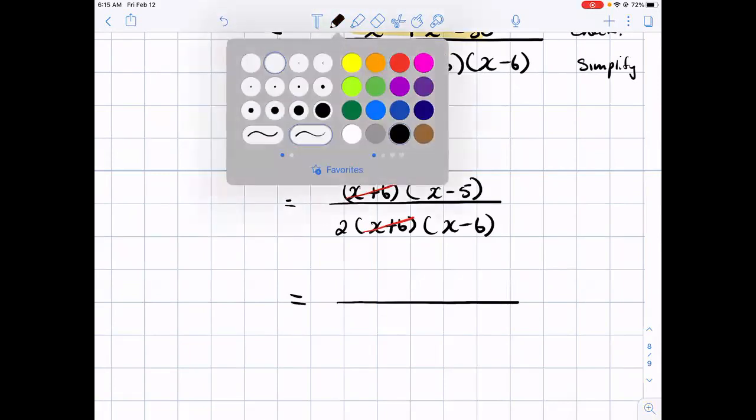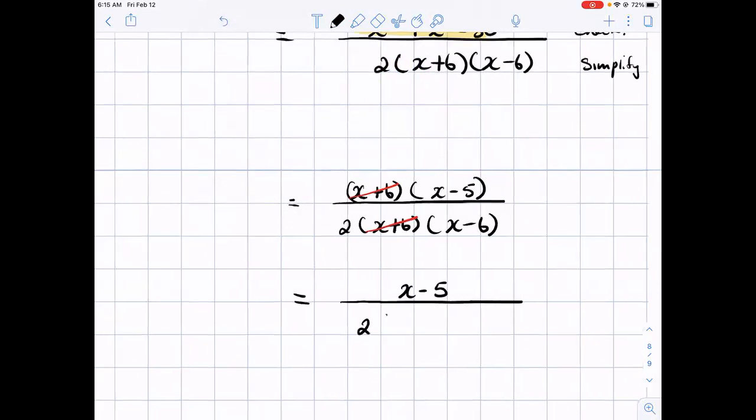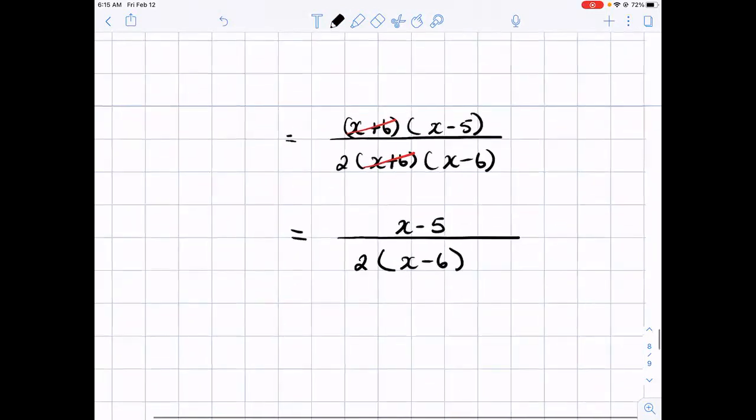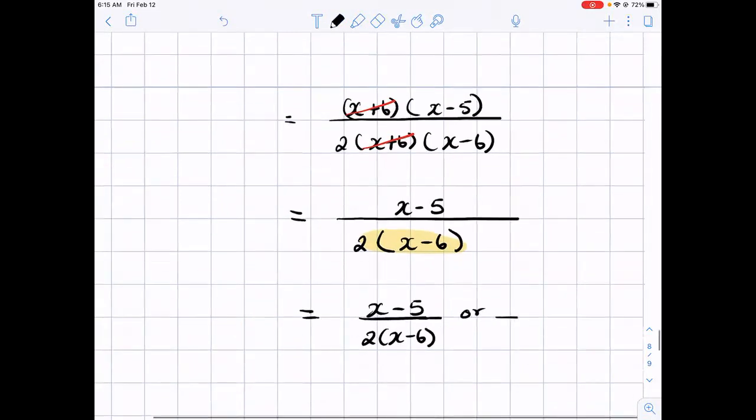So what you have left in the numerator is x minus 5, and in the denominator you have 2 parentheses x minus 6. You can multiply this out if you want, but it doesn't matter. So you could leave it the way it is, x minus 5 over 2 times x minus 6. I generally tell students don't multiply it out.